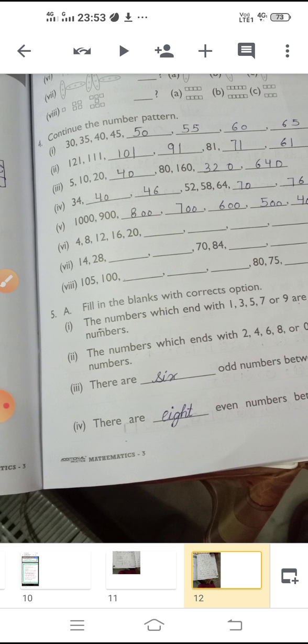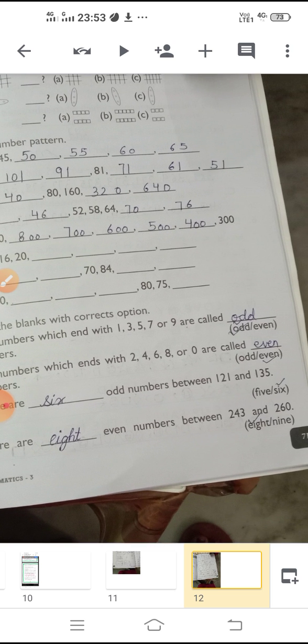Now, how many even numbers are there between 243 and 260? They have given the options 8 or 9, so we will count again in the same manner.